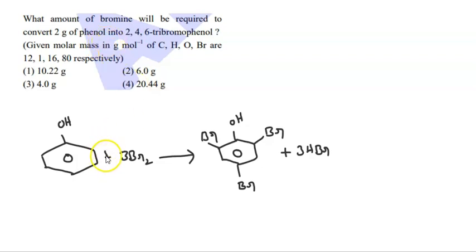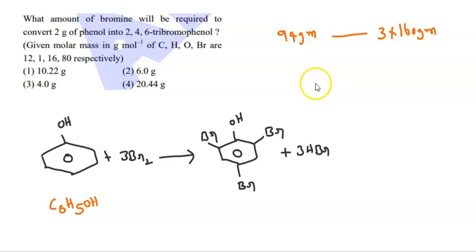So phenol, if I take its molecular formula C6H5OH, calculating its molecular weight, it is 94 grams. 94 grams of phenol will require 3 into 160 grams of bromine.